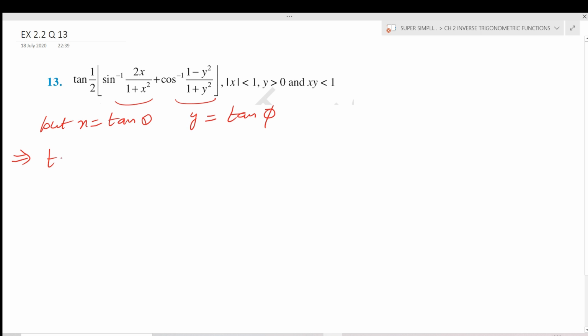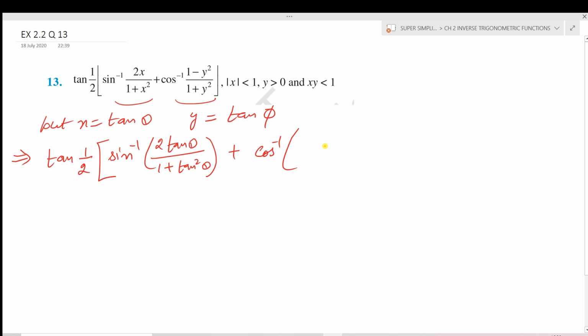So the given expression becomes tan 1 by 2 of sine inverse 2 tan theta upon 1 plus tan square theta plus cos inverse 1 minus tan square phi upon 1 plus tan square phi.